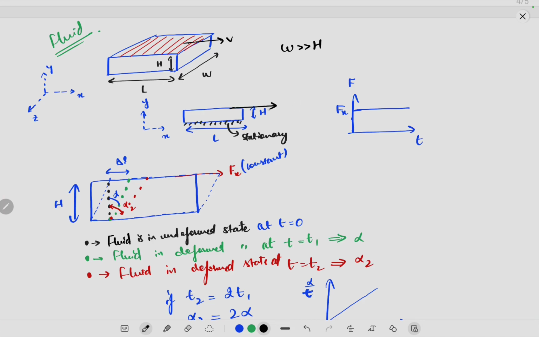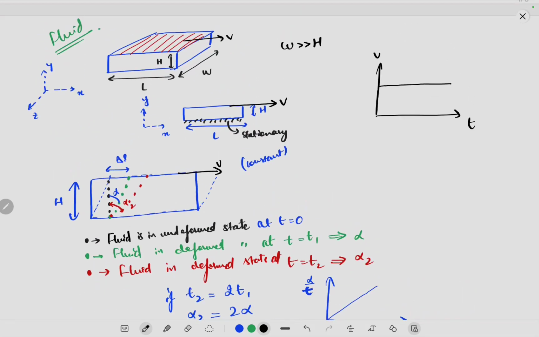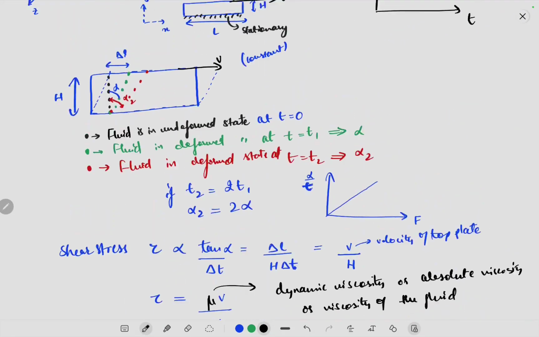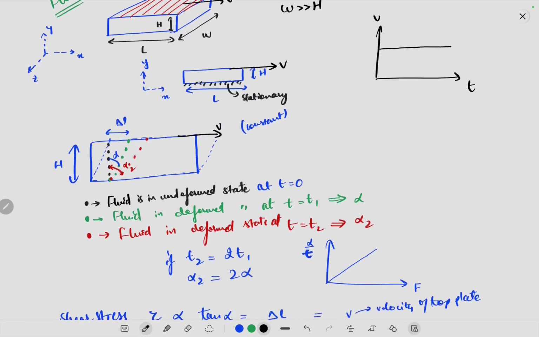The top surface is moving with velocity v, so forget about Fx in this case. So the velocity of the top surface of the fluid with respect to time is constant. It has nothing to do with force. I'm sorry for that. So the Fx term will not come in this whole analysis.